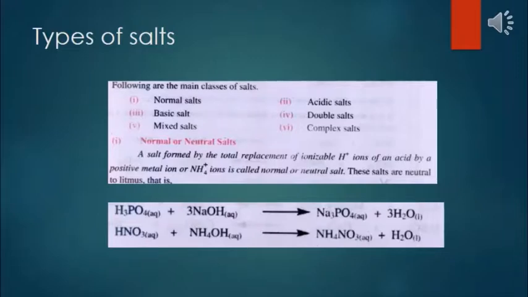These salts are neutral to litmus paper, that is, they do not change the color of the litmus paper. They have given you an example: when hydrochloric acid reacts with potassium hydroxide, it forms potassium chloride and water. And in another example, when acids react with metallic oxides, they produce neutral or normal salts.